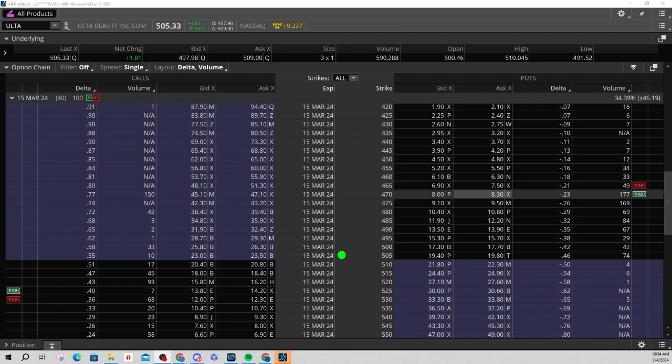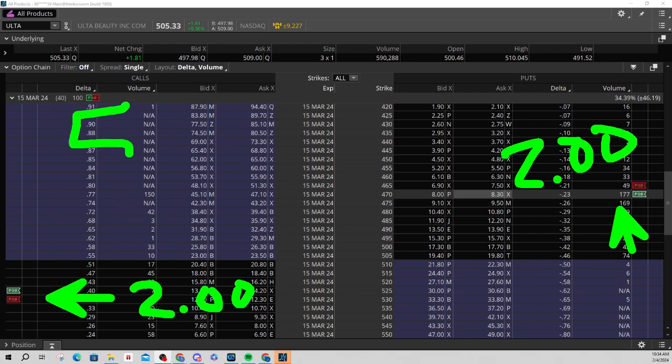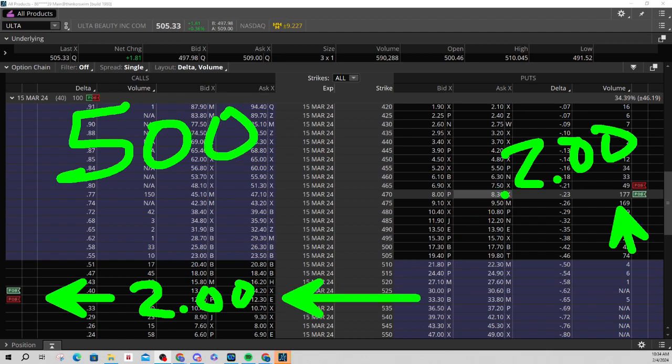And when I price these out, I'm just going to give you a hypothetical. Let's say that this one costs $2, and let's say this one over here cost $2 as well. But the reward on one of these, if they were to go in the money, let's say it was $500. So we paid a total of $400, but there is the chance that I could make $100 on this trade.